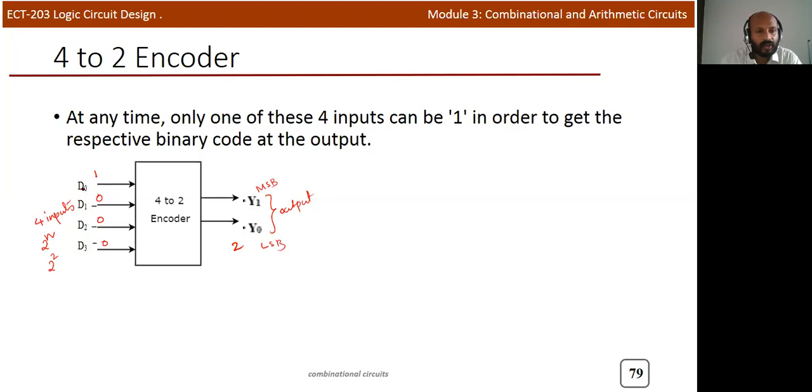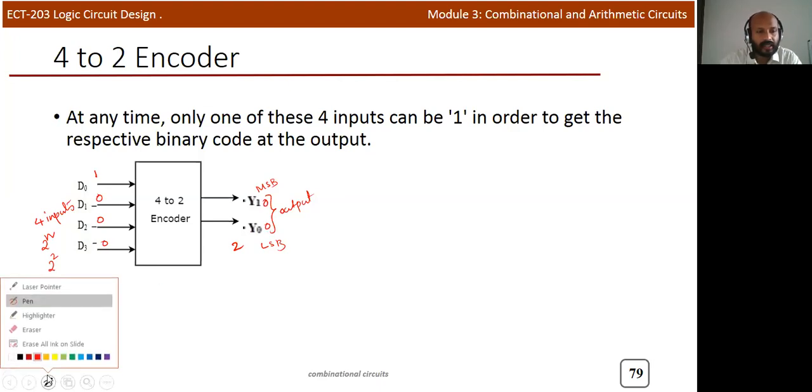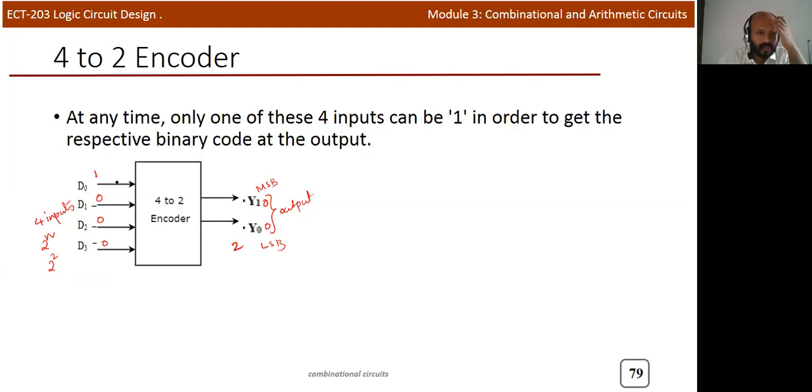For this input combination, D0 is 1 and all other inputs are 0, so the output y1, y0 will be 0, 0. Now for another input, if D0 is 0, D1 is 1, D2 is 0, D3 is 0, y1 will be 0 and y0 is 1.